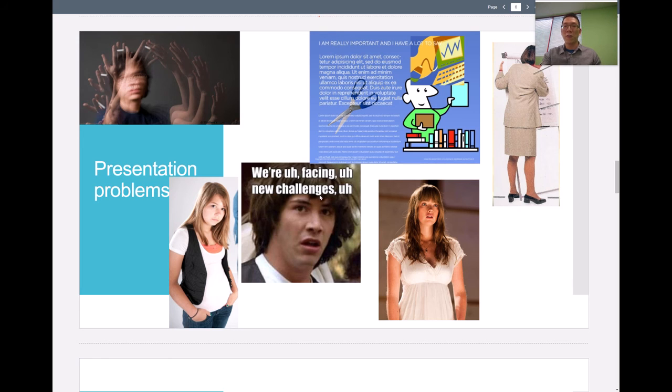One more picture before we move on to the other points. Sometimes you might not look at the audience, like in that picture, the person at the back. When you don't look at the audience, you break that connection. It's like trying to talk with someone face to face. Do you like it when someone turns away from you?